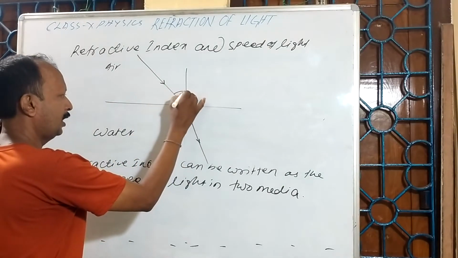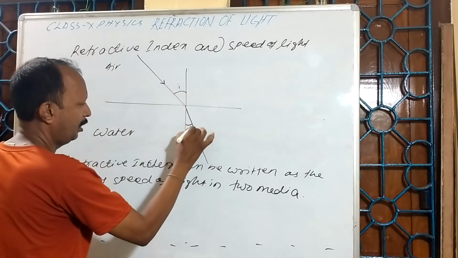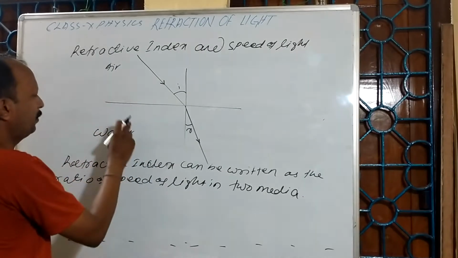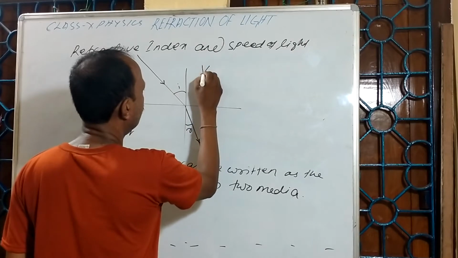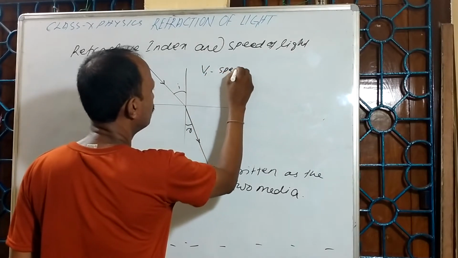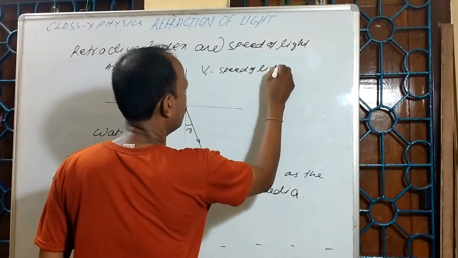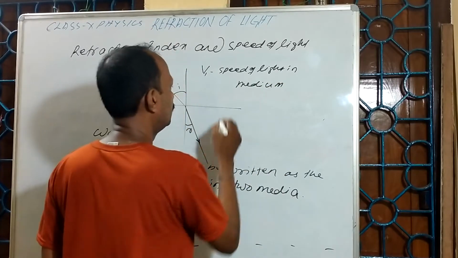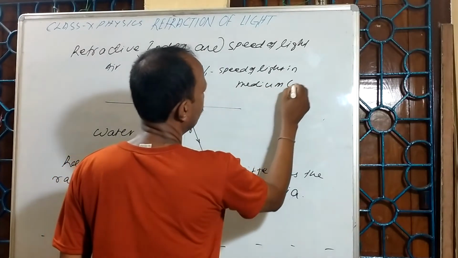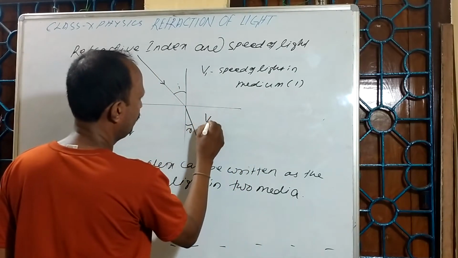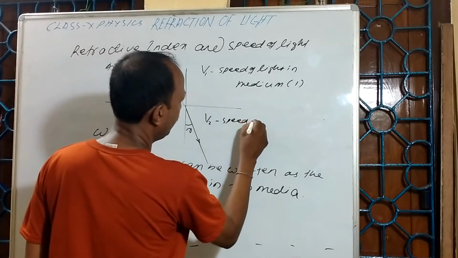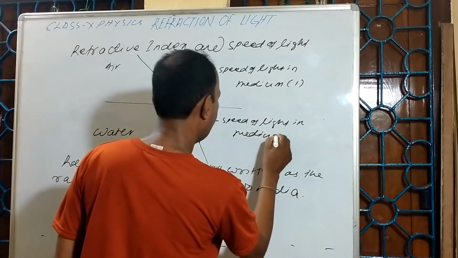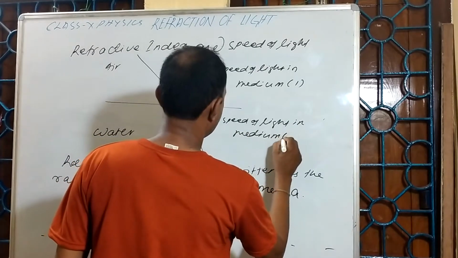We know that this is the angle of incidence, this is the angle of refraction. For example, the speed of light here is V1. This is the speed of light in medium 1. Here V2 is the speed of light in medium 2.